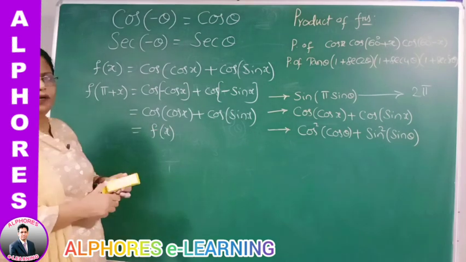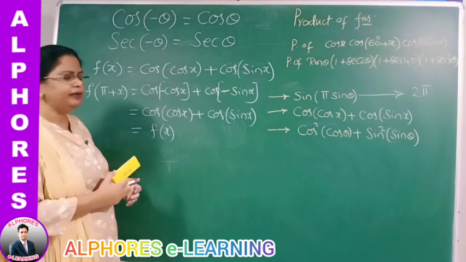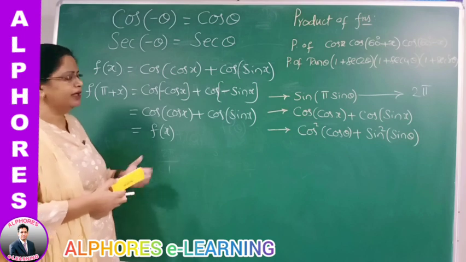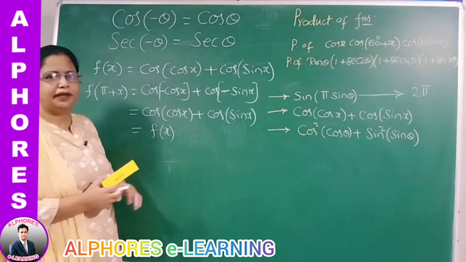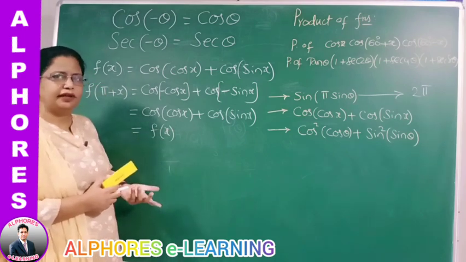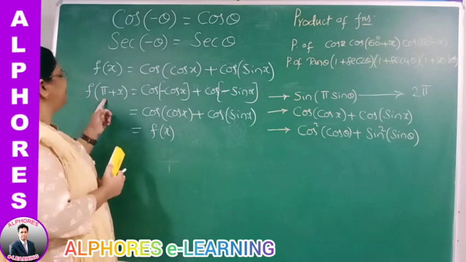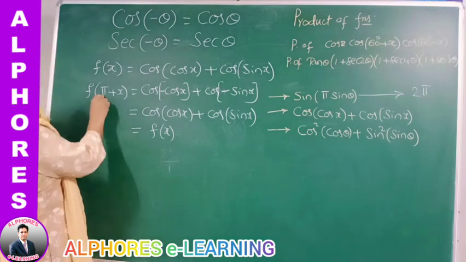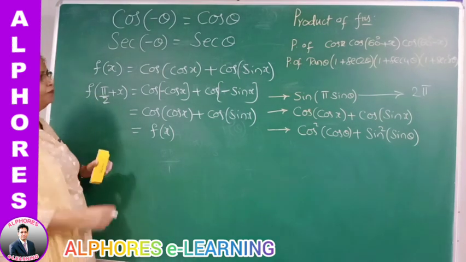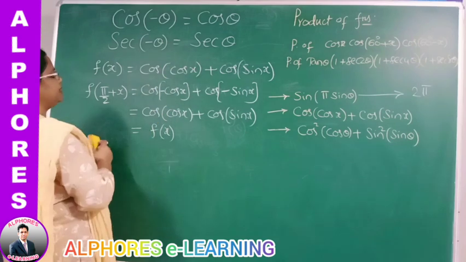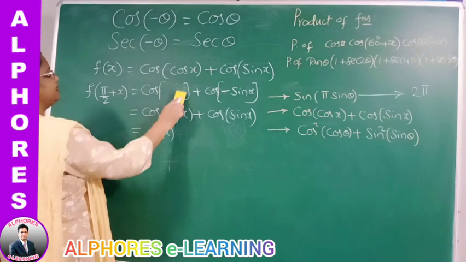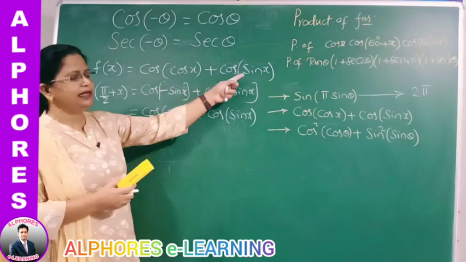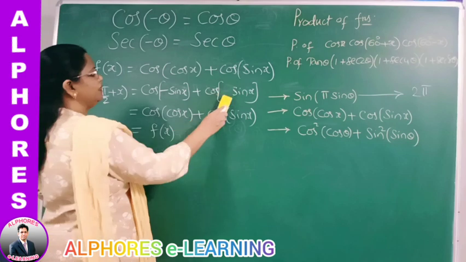And that implies this is our f of x. But again I don't want to be satisfied with this value, because cos and sin are complementary types of values. That is, cos of 90 plus x you will get minus sin, sin of 90 plus x you will get cos. That is the reason pi is okay, but still I want to search for a lesser value, that is nothing but pi by 2 plus x also I am going. Then what is cos of 90 plus x? Cos of 90 plus x is minus sin x, right? And sin of 90 plus x is cos x.